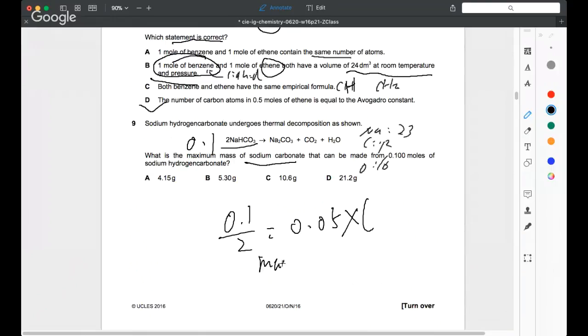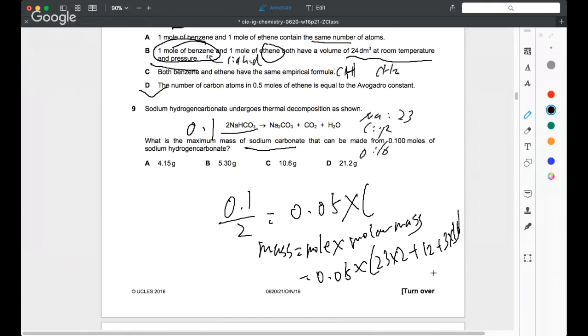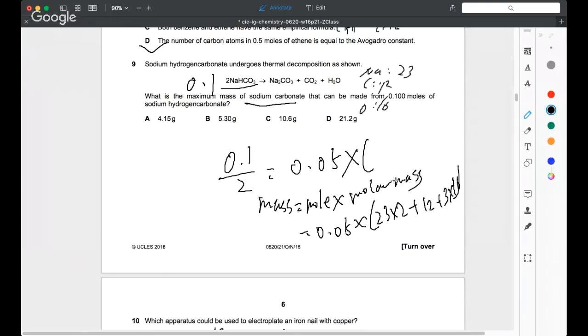So the mass is equal to mole times molar mass, which is equal to 0.05 times the molar mass of sodium carbonate, which is sodium times 2 plus 1 carbon plus 3 times 16 for oxygen. These numbers you can look up in the periodic table, and what you get is 5.30. So the answer is B.